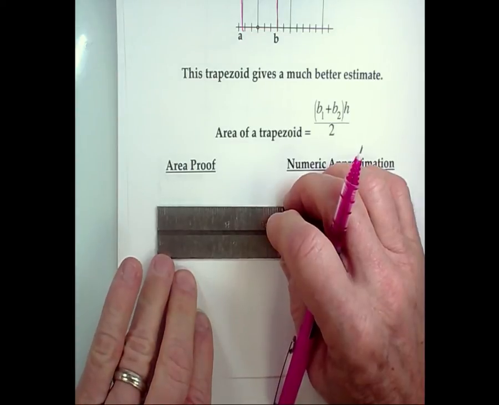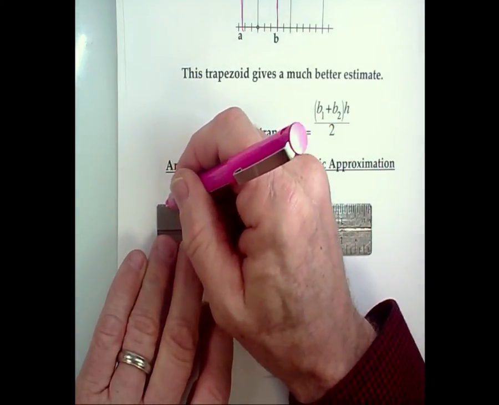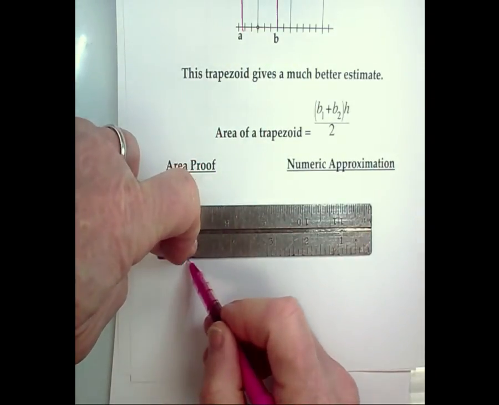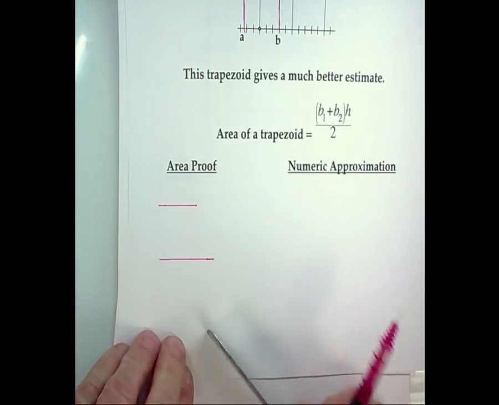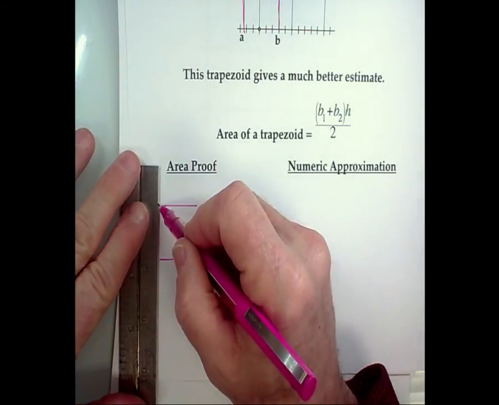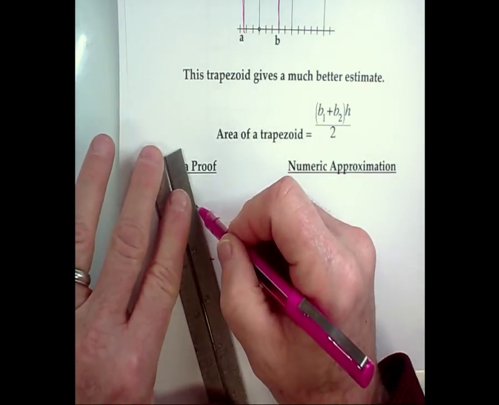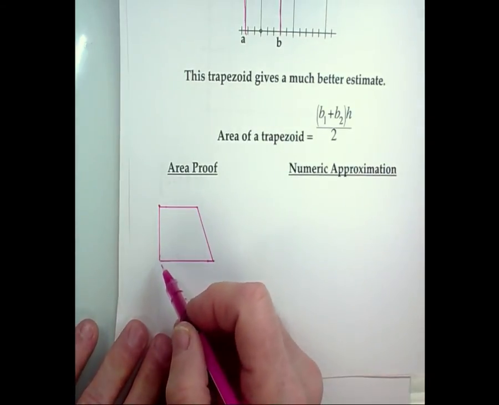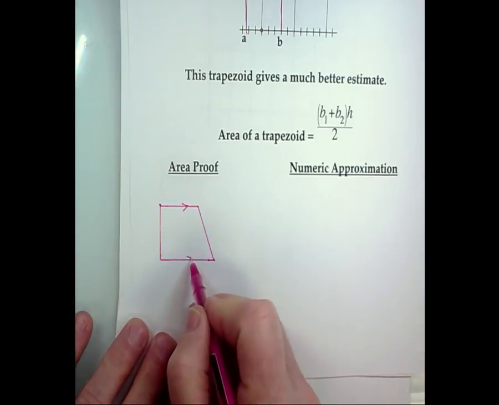So the definition of a trapezoid is that you have two parallel sides. So I'm going to make this side 1 inch. And I'm going to make this side 1.5 inches. And that may or may not be 90 degrees. I'm not 100% sure, but I know this to be true.